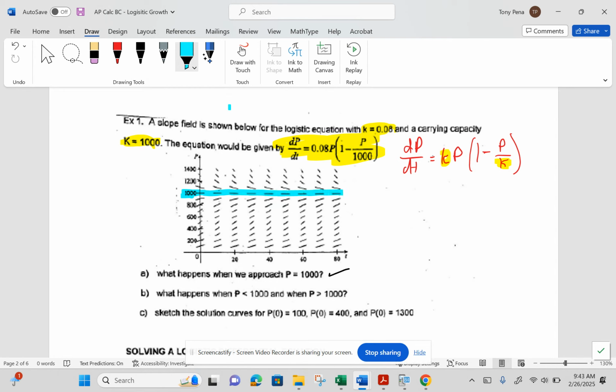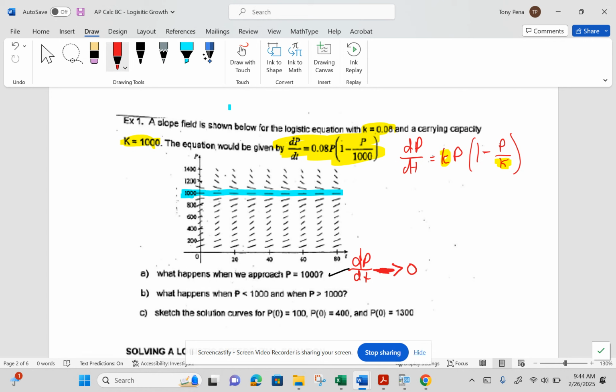Because that is your carrying capacity, that differential equation ensures that if we approach the carrying capacity, what happens to our slope, which is that field, dP/dt should start to, let's put an arrow, should start to approach what? 0. Okay, and again, that's the whole premise of this, is that if we approach our carrying capacity, the population has to start to level off towards a growth rate of 0.